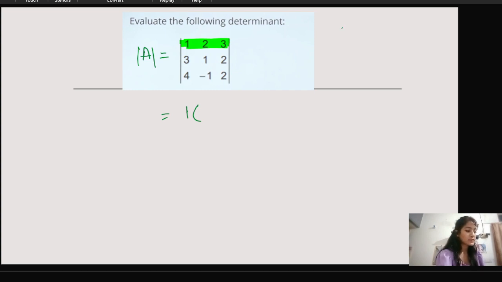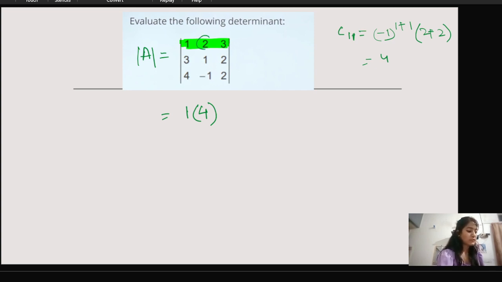The cofactor of A11, C11, will be minus 1 to the power 1 plus 1, and here I hide this row and this column. So 1 times 2 is 2, and then minus 2 will be plus 2. Minus 1 squared is 1, and from here we are getting 4.